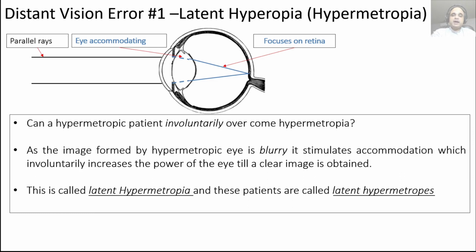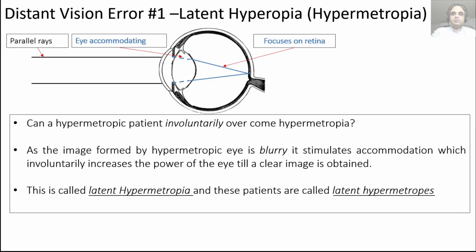That is why hypermetropes, most of the time, do not present at an early age, because the younger you are, the greater the accommodative amplitude you have, and the greater the refractive error that can be masked. And that is why most hypermetropes don't even know they are hypermetropes, because they are using accommodation, something that's not supposed to be used for distance, but it is, because accommodation is triggered anytime there is a blurred image on the retina.